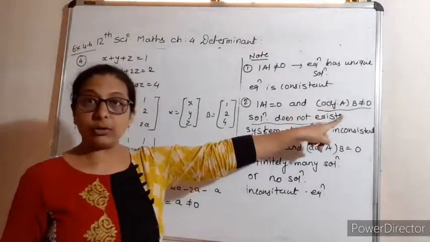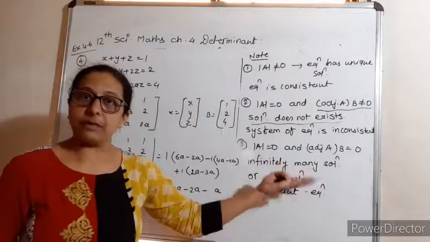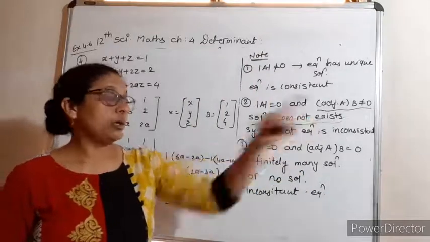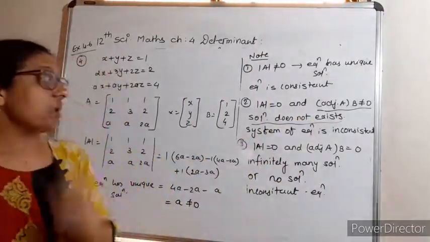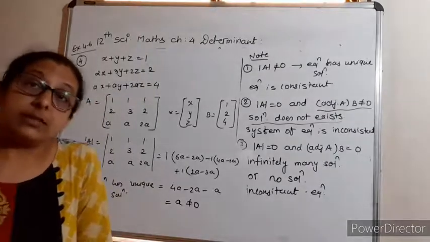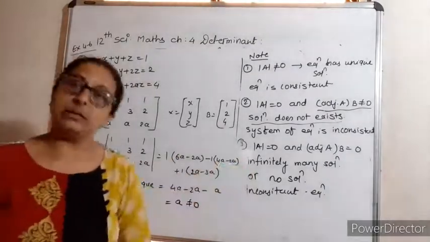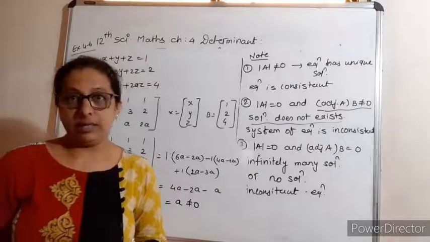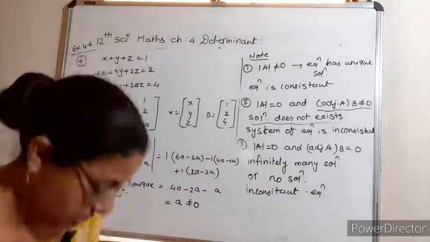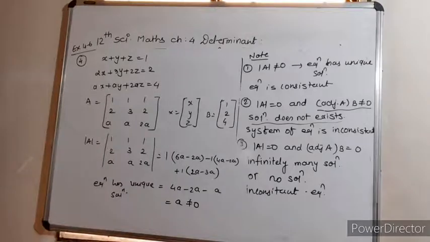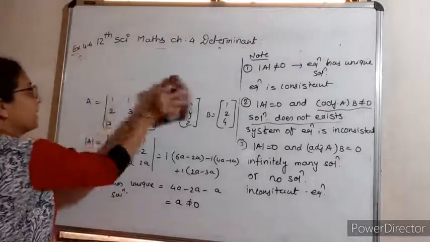Adjoint into B: if it is 0, infinitely many solutions. If it is not 0, the solution does not exist. So therefore we can say that it is an inconsistent equation. Understand? So question number 5 and 6 you will do it yourself.